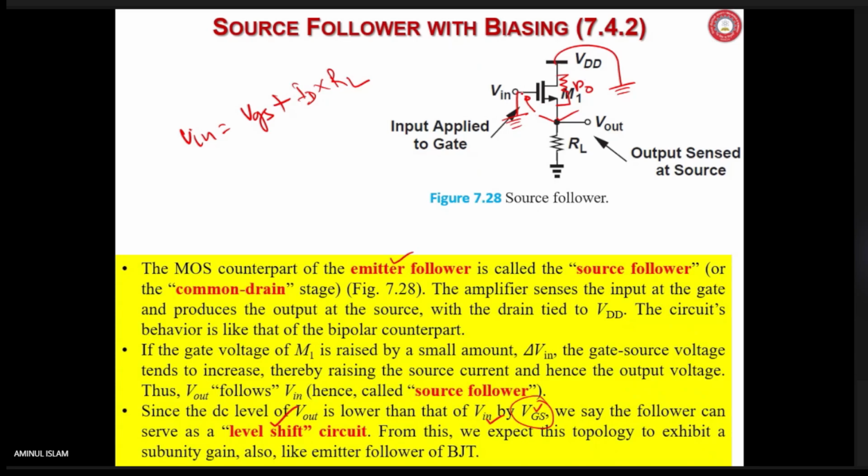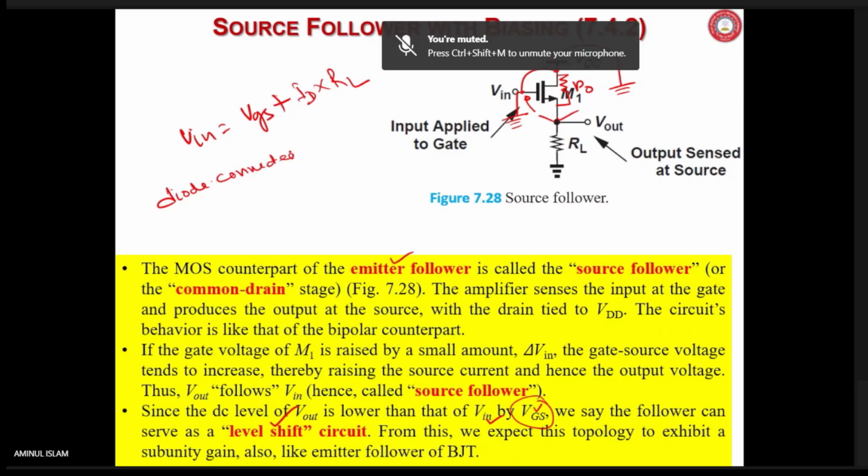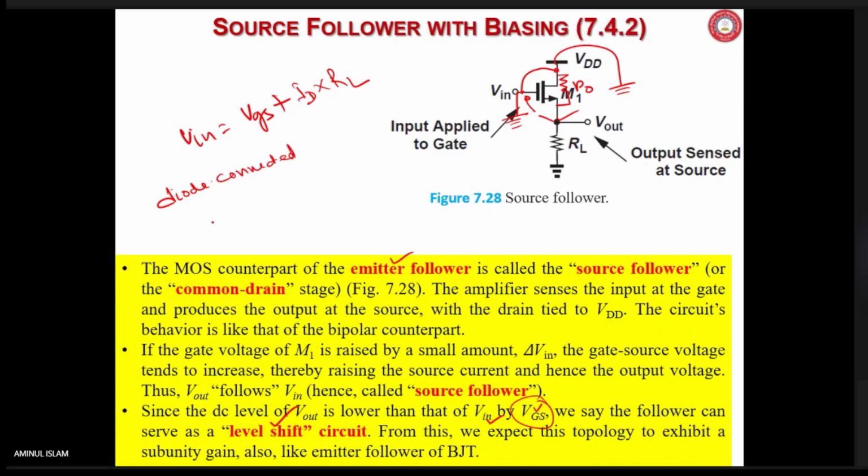That means the gate and drain are tied together. And if a MOSFET's gate and drain are tied together, what is this? It is called diode connected. If it is diode connected, what is its impedance? A diode connected MOSFET, if you look from here, what is the impedance?